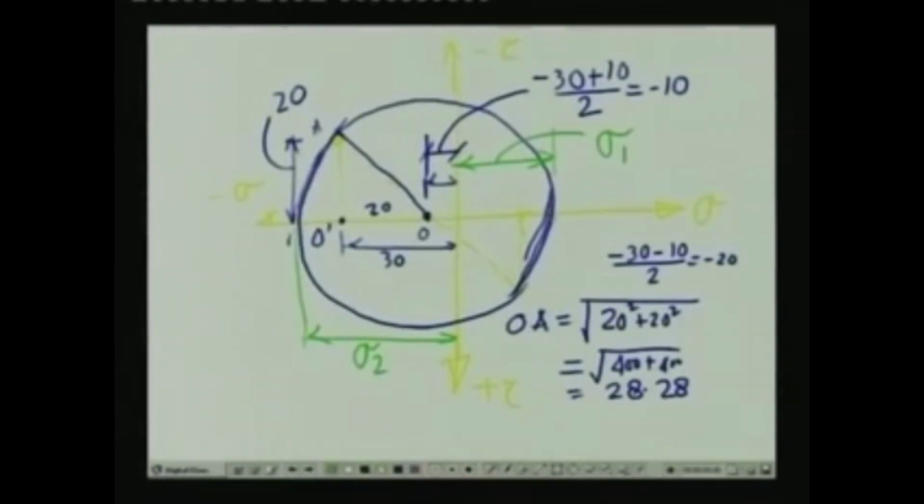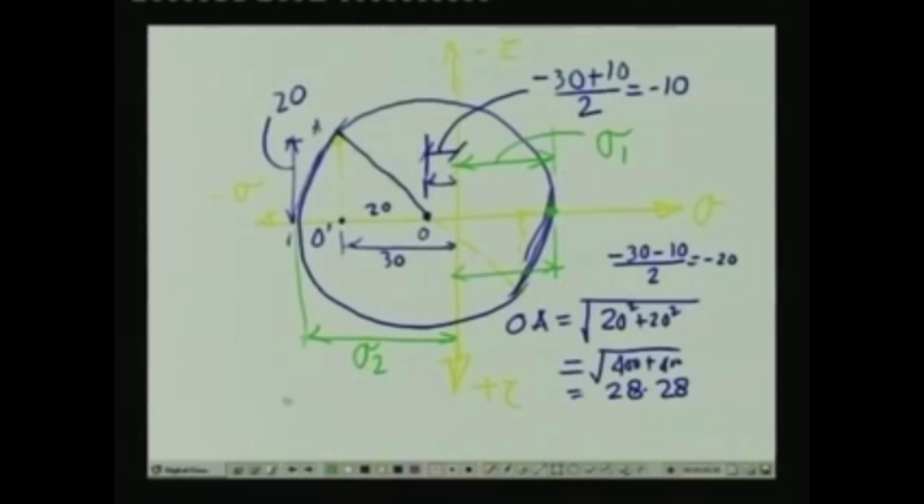Now, what will be the value of the maximum principal stress acting on this particular plane? It is the distance from here to here, which in terms of the Mohr circle is the radius minus this. So, here the radius is 28.28 MPa and this is 10 MPa. So, this is going to be equal to 18.28 MPa.